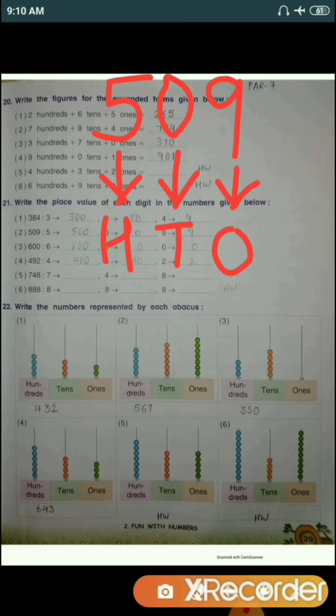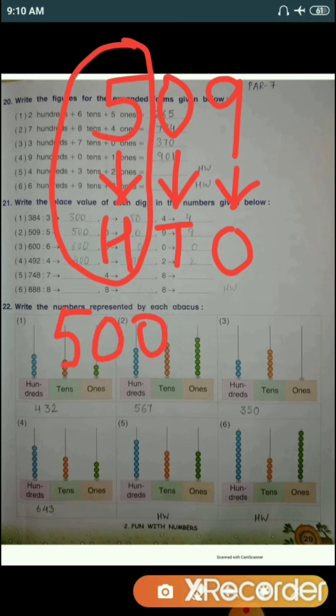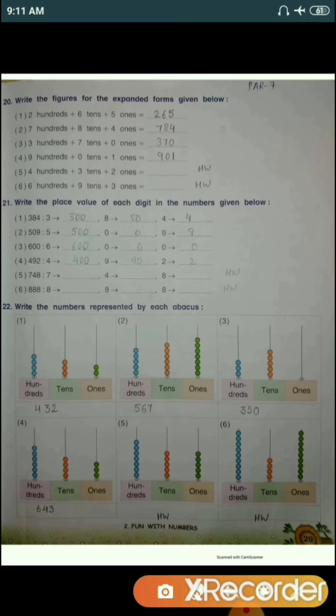Okay, now let's indicate this number in number form. 5 is on hundreds place, that means 500. 0 is on tens place, that means 0, and 9 is on ones place, that means 9 as it is. So you can see here in 509 the value of 5 is 500, the value of 0 is 0, and the value of 9 is 9.